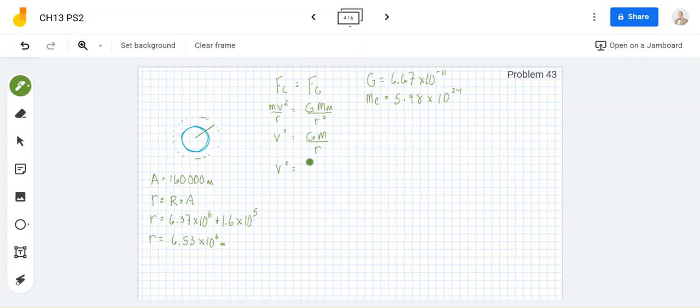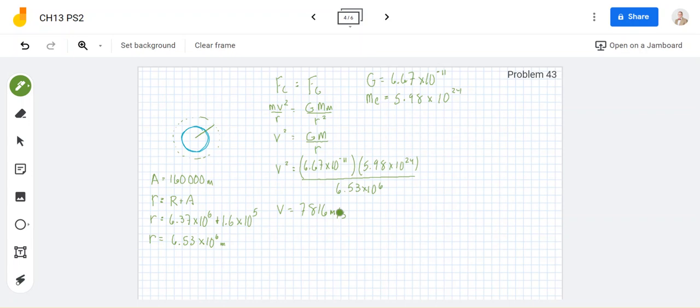So plugging these in, this is v squared, so when you do this, don't forget to square root it, and I got 7.816 meters per second.